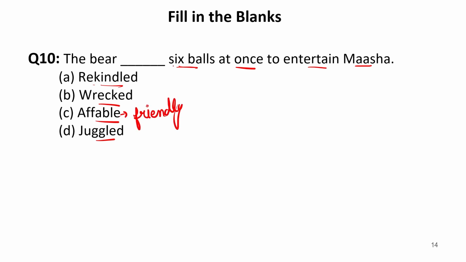It is also not suitable to be filled in here. This is juggled. Juggled means to handle many things together. Juggle is actually when someone is multitasking. To juggle means to do many tasks at a particular time. So the bear juggled six balls. It means he was controlling the six balls at a time, like in a circus. So here the correct answer is D.